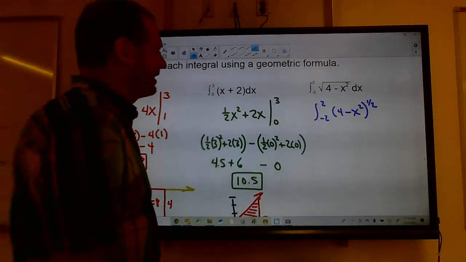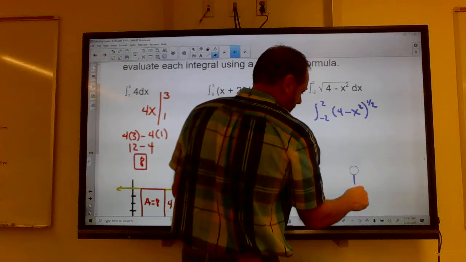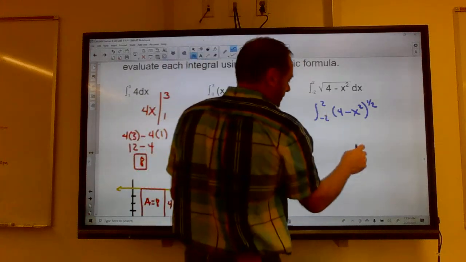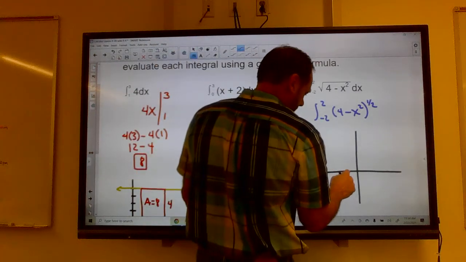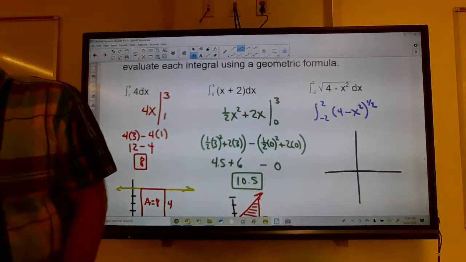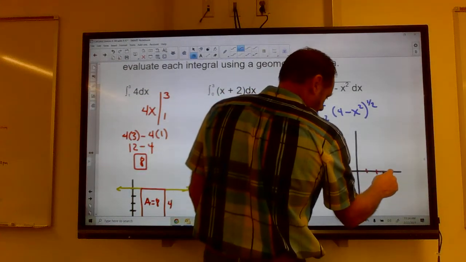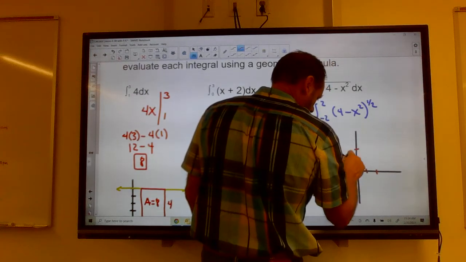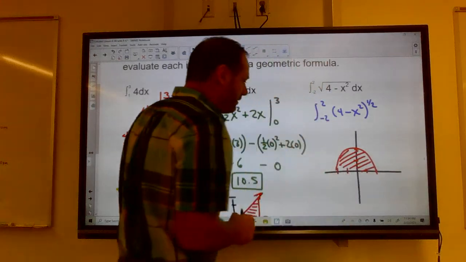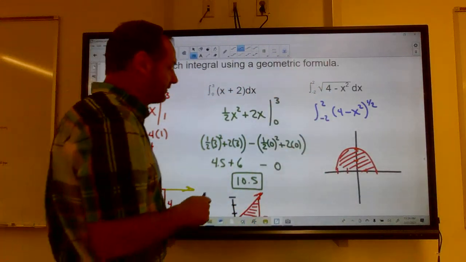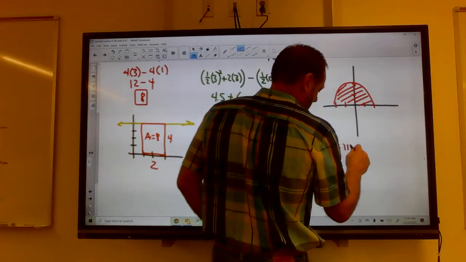Right here, we could do this geometrically because this is what happens when you cannibalize one lesson with another one. So this is a semicircle. So it's going to go from -2 here to +2 here, and it's going to be finding the area under that curve right there. So this is a circle with a radius of 2.